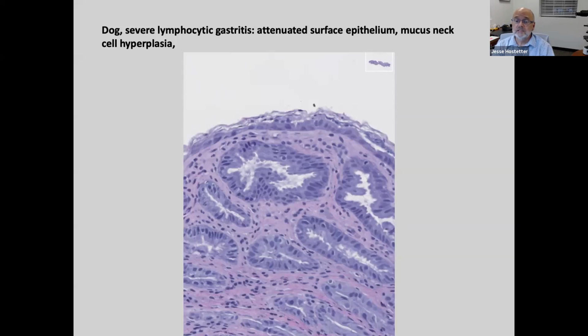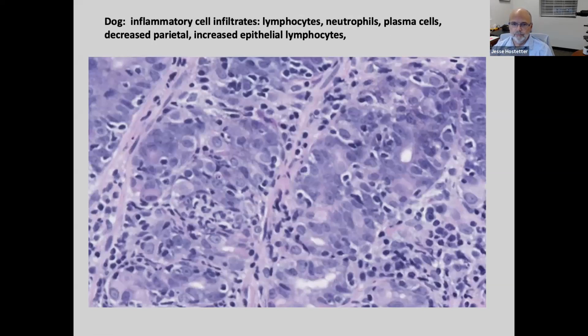And there's mucous neck cell hyperplasia. So these are all mucous neck cells, and they really expanded the gastric pit. So, epithelial attenuation, mucous neck cell hyperplasia. And then if we drop a little farther in the lamina propria and bump up our mag a bit, lots and lots of neutrophils in here as well. And you can also get an idea from this that there's a loss of parietal cells.